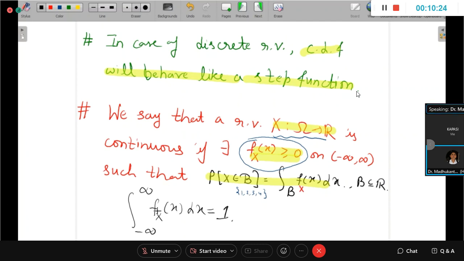Over the whole real line, the total area is 1.